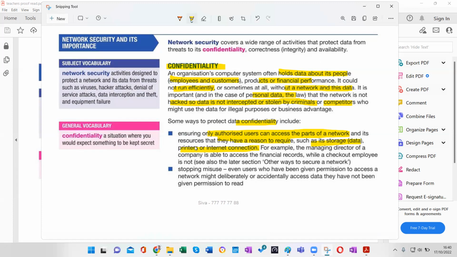Now, when you go to our network places, you see the accounts department computer is there, but you don't have access to it. Why? Because they have restricted access to you, because they know how vital those information is in that computer. For example, managing director of a company is able to access financial records, while the checkout employee is not. Right? Checkout employee doesn't need to look at the financial records. Right?